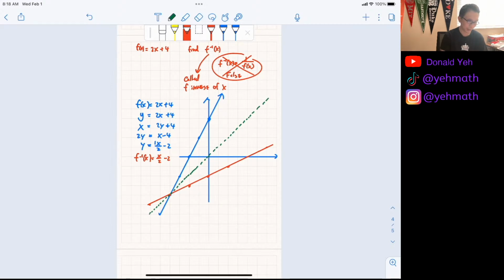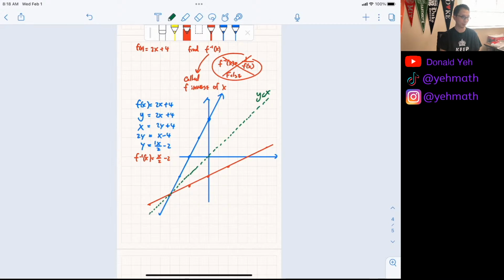This is a reflection line. This is y equal to x. Where's Julia here? Oh, you just said a different thing. Okay. y equal to x is that line here. They have a mirror image.